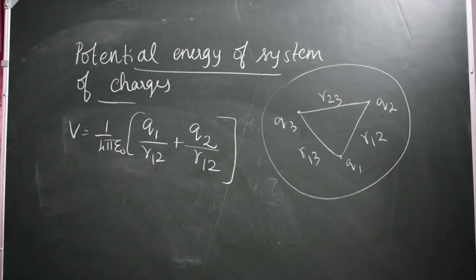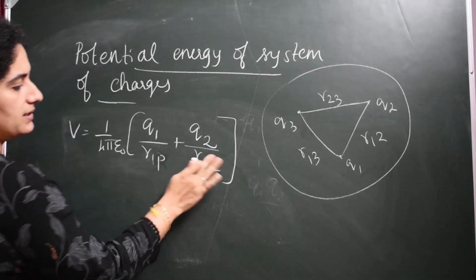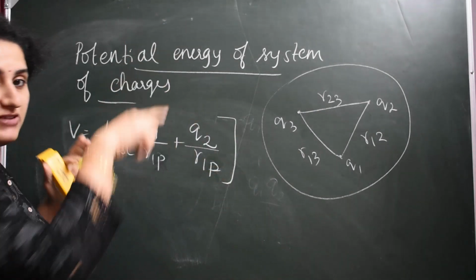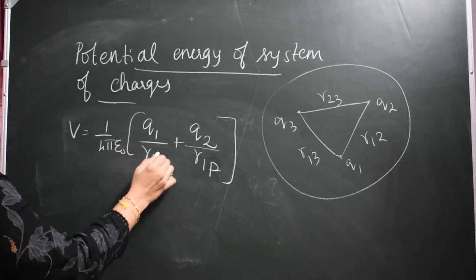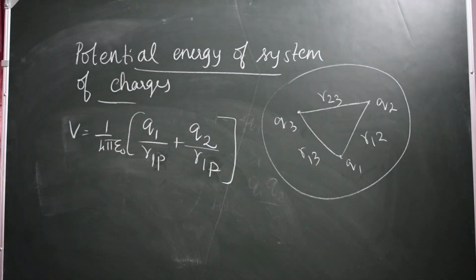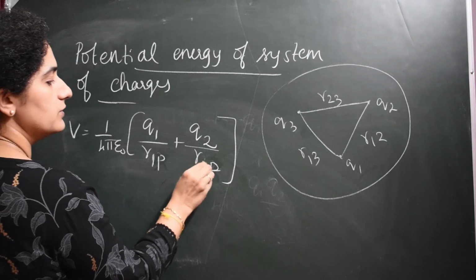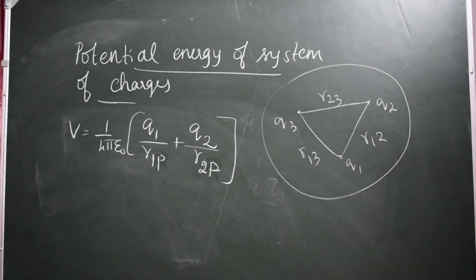You have three charges, Q1, Q2, and Q3. I will consider a point P, from any point, as in the first picture. So it is Q1 by R1P, and for Q2, let us consider it as R2P.